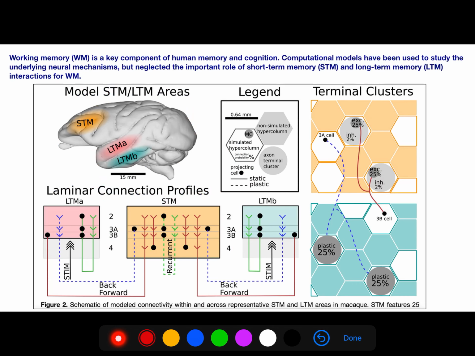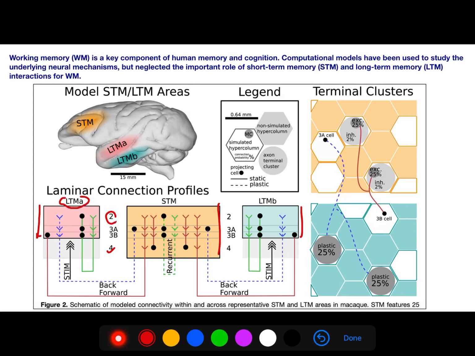Working memory is a key component in human memory and cognition. Computational models have been used to study the underlying neural mechanisms, but neglected the important role of short-term memory and long-term memory. For example, these are layer 2, layer 6, layer 1 to 6, all of them, but there are different regions of your cerebral cortex, some of them for short-term memory, some of them for long-term memory.